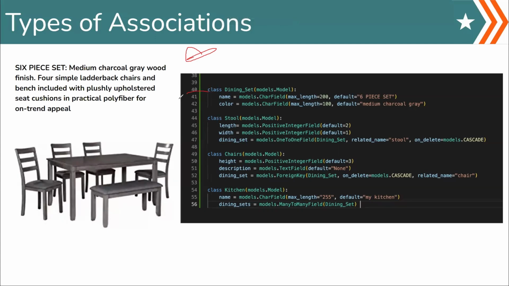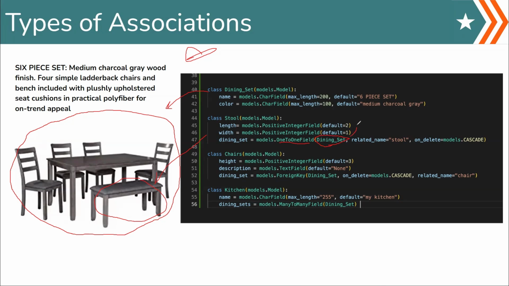All right, so the class itself for a dining set is the entire dining set itself, right? We have the name of the dining set, which is a 6-piece set, and the color is medium charcoal gray. We then have a different model class for stool, which I can only assume is this right here, and this has a one-to-one relationship with the dining sets.